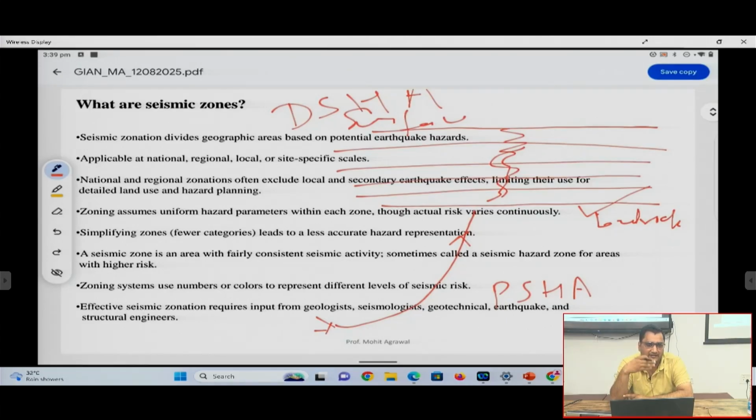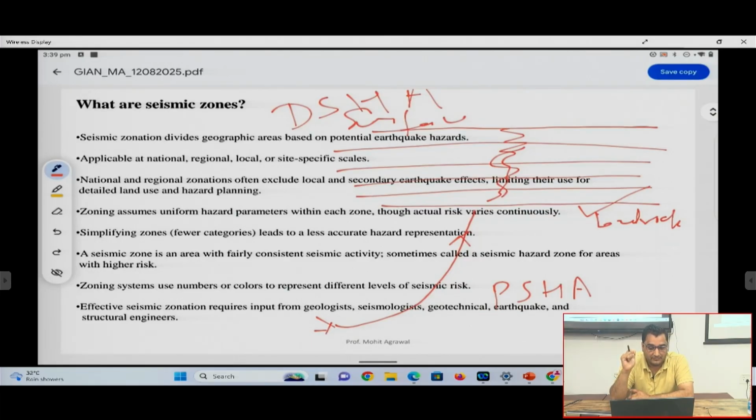Higher the number, it will become more complex, right? But it doesn't mean that within those zones the hazard value is not varying. It is actually varying, but you are basically taking the most disastrous scenario in order to find out the value of the hazard in that particular region.